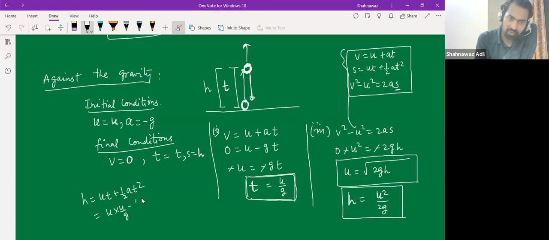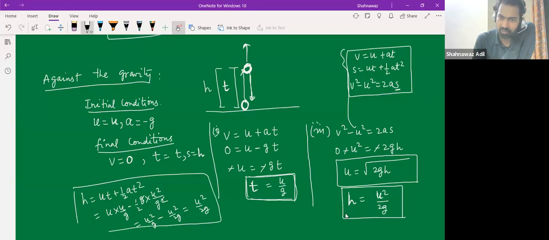So half of g times u square by g square. So g cancels and we get u square by g minus u square by 2g. So you will get what? U square by 2g, right? So you will get the same answer like this.